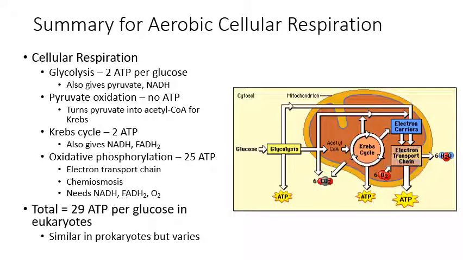So to summarize that, we have 4 processes in cellular respiration. First, you start with glycolysis. In glycolysis, you are converting glucose into 2 pyruvates. You're also generating a little bit of ATP and NADH, the electron carrier.